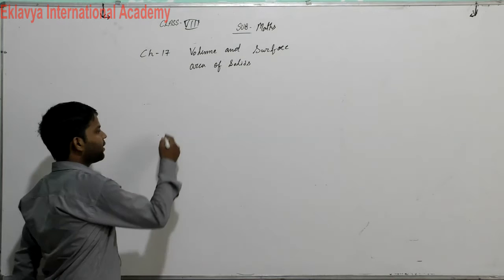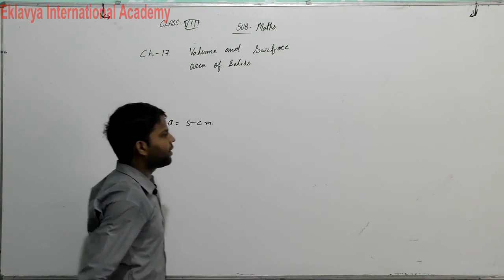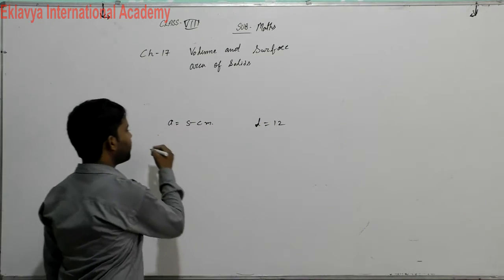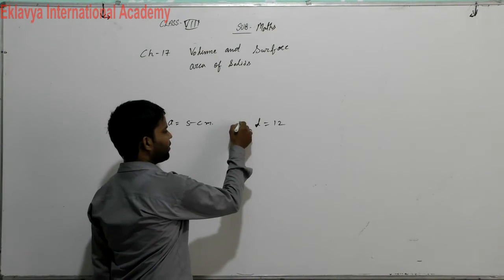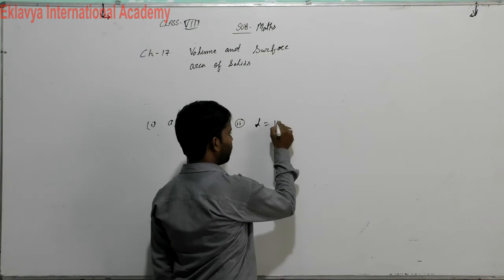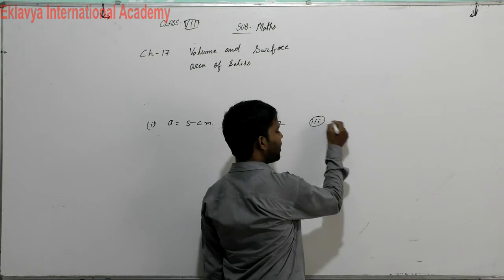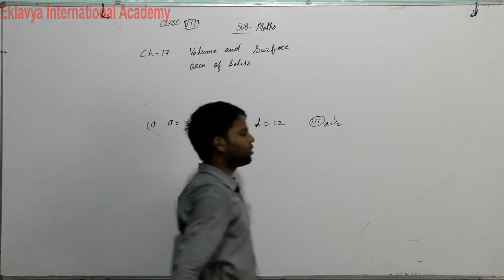Like if side is equal to 5 centimeter, it is our first part; if L is equal to 1.2 centimeter, it is our second part; third part, if dimensions are in fraction, 1 upon 2.